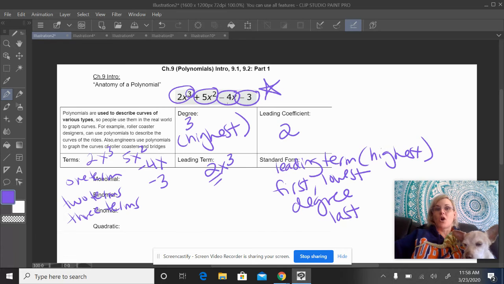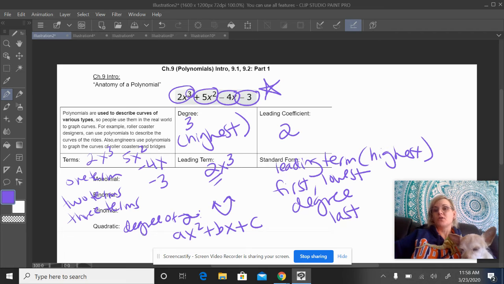A trinomial doesn't always have to have a degree of 2, but if it does, it's a quadratic, where it looks something like ax squared plus bx plus c. So a quadratic is a specific type of trinomial. It could also be a binomial, because a quadratic just happens to look like this, but c could also be 0, so just having 2 terms.